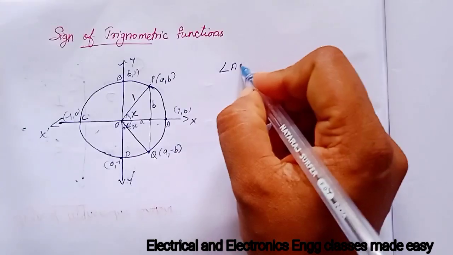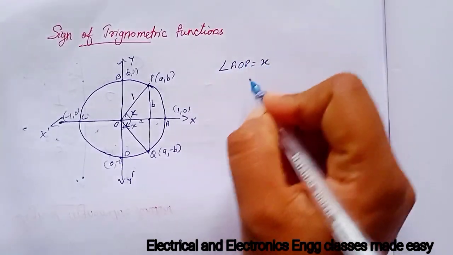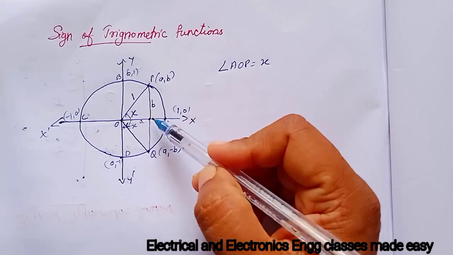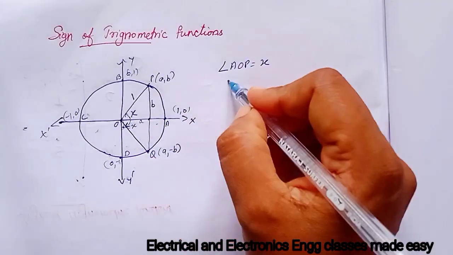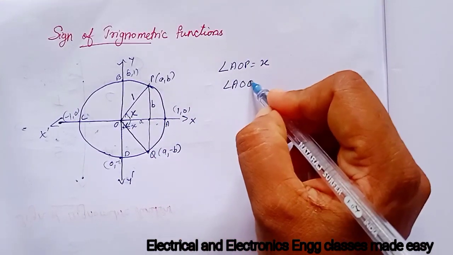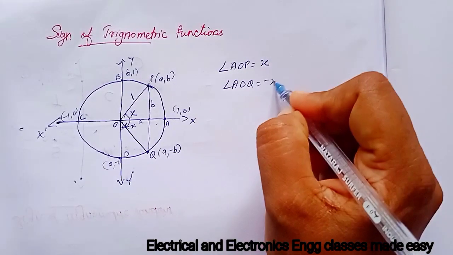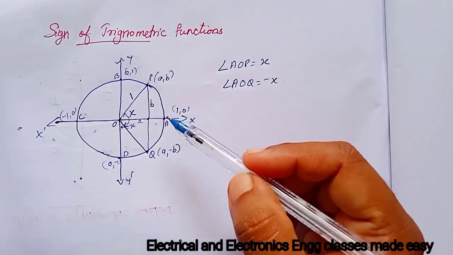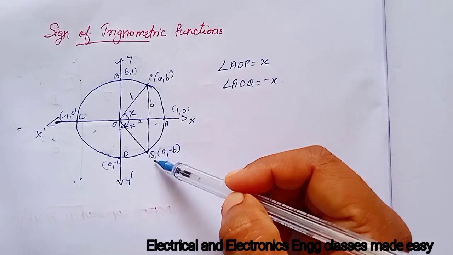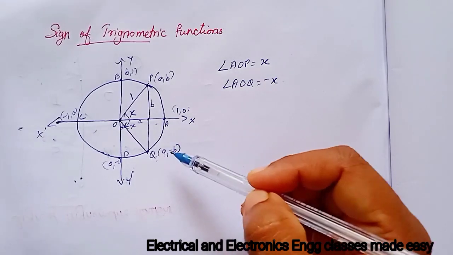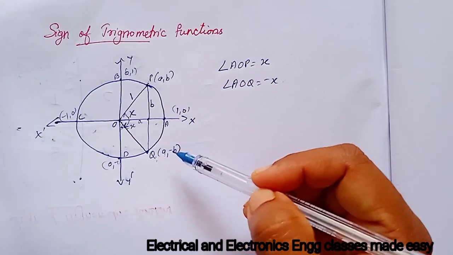So here angle AOP is equal to x, and if angle AOQ is equal to minus x, then the coordinates of the point Q will be (a, minus b).